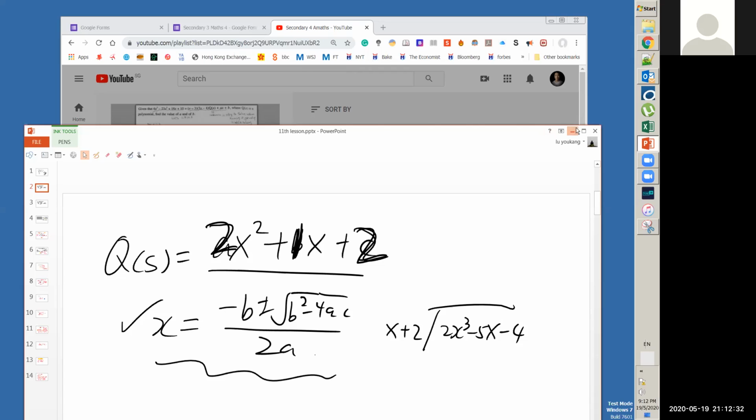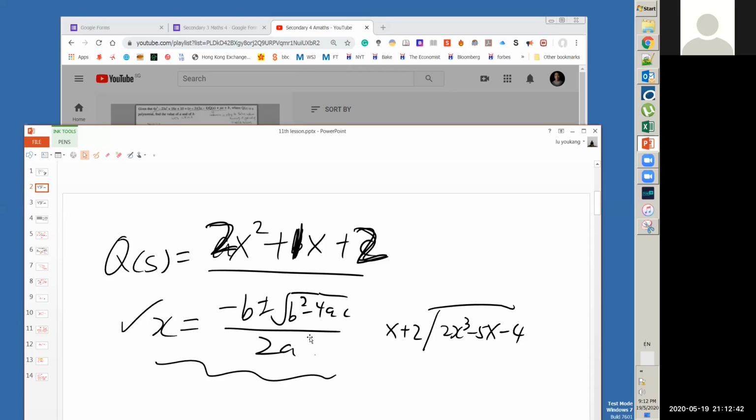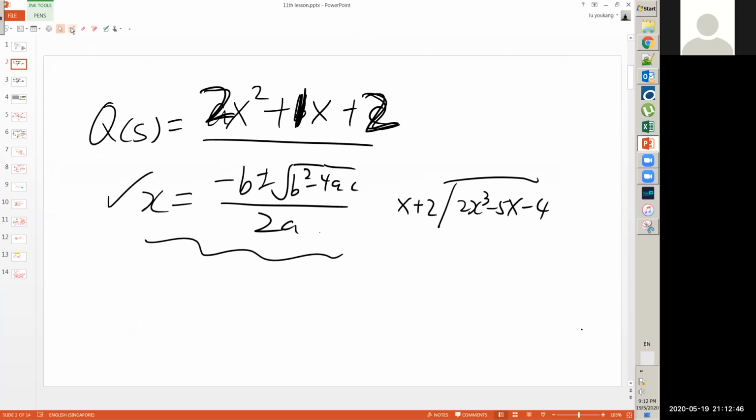Which one, this one? No, in my exercise book. For cubic, I thought this is the answer. I mean, this is the question you asked, because this is also cubic. And the one I was talking about is factorizing it. This is also factorized if you look at it.